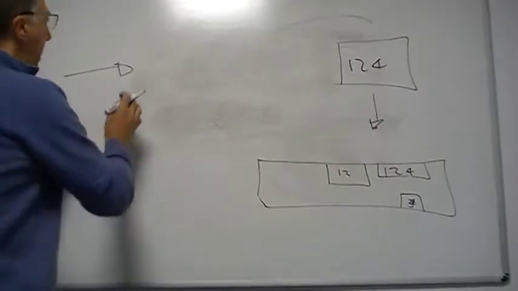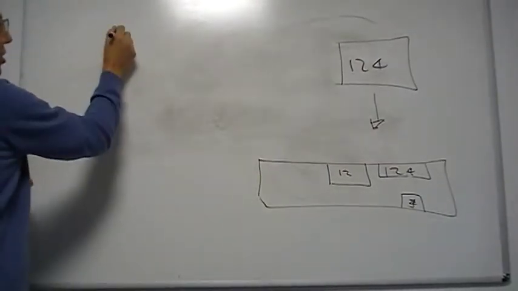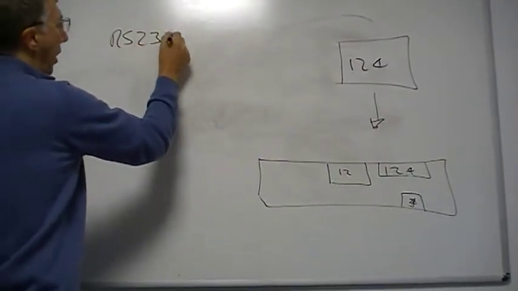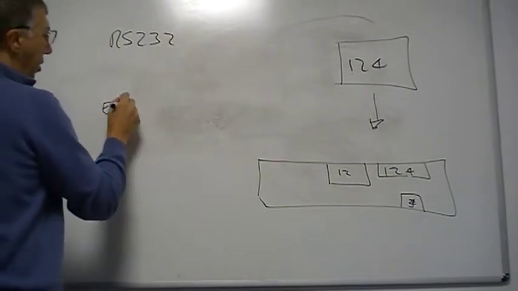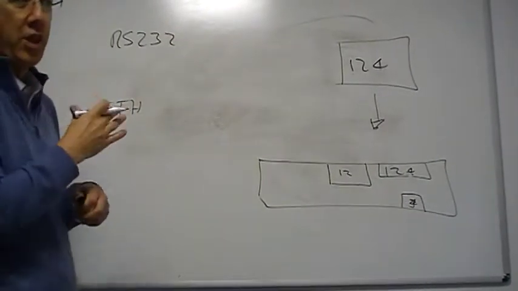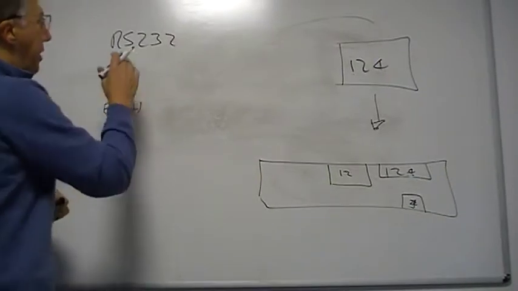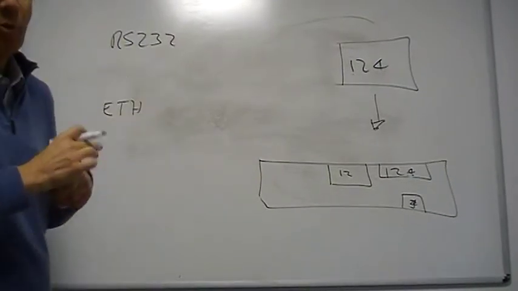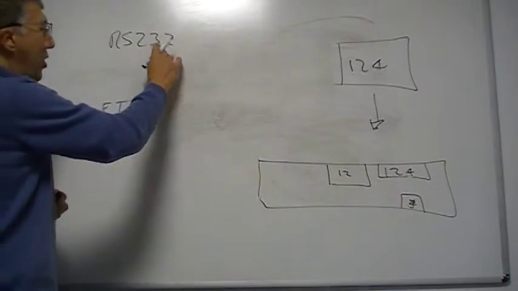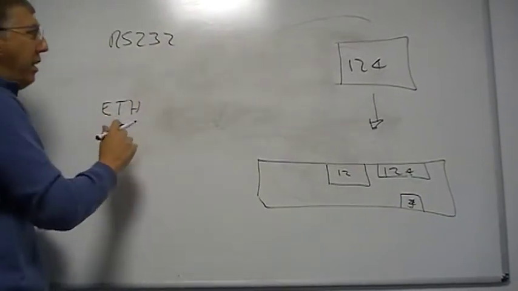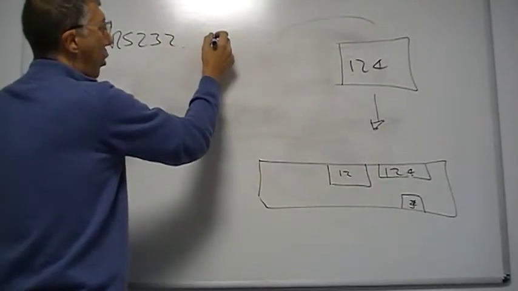Now, if we're going to be sending in from RS232 or from Ethernet, remember both of these are serial. This one generally people call a serial, but it's not. It's a recommended standard 232, and this is Ethernet. With RS232 we have a baud rate.